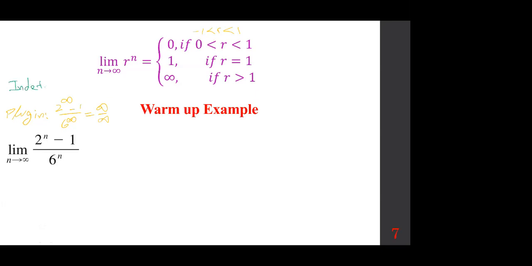In the concept of a limit, the following are considered indeterminate forms: infinity minus infinity, 0 over 0, infinity over infinity, and there are a bunch more.